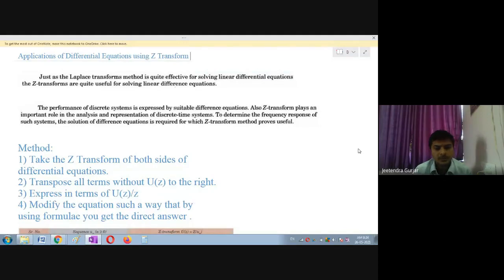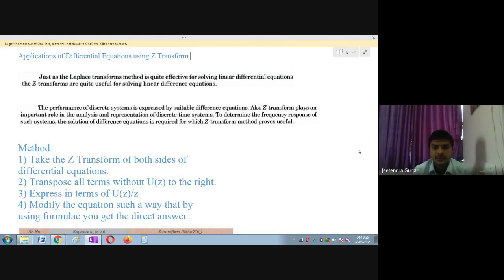The performance of a discrete system is expressed by suitable difference equations, students. So we are going to take the performance of the discrete system. Also, the Z transform plays an important role in the analysis and representation of discrete time systems. Please remember this.